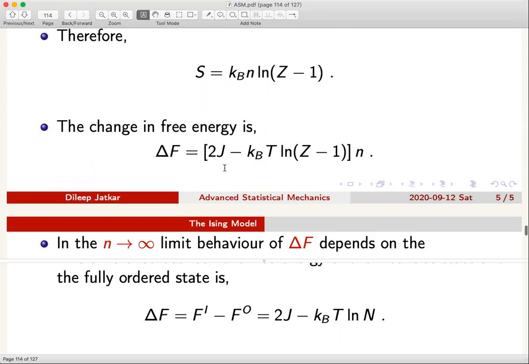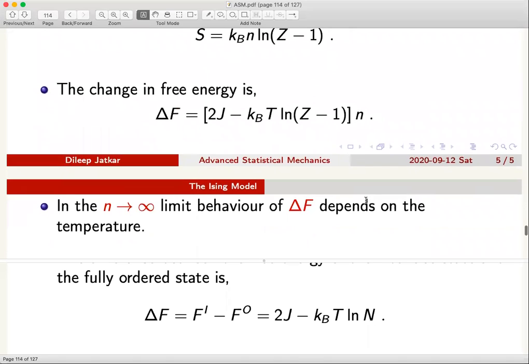So whether delta F is positive or negative is determined by T actually, not so much by n, because n is just sitting outside giving a multiplicative factor. Clearly this behavior is qualitatively different from what we noticed in the one-dimensional system, where it was n which completely destroyed the setup.